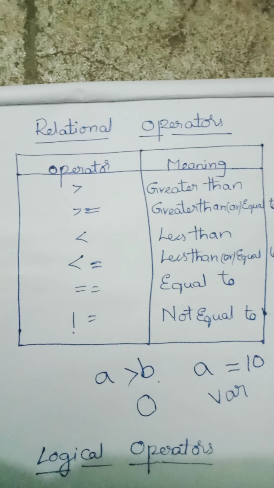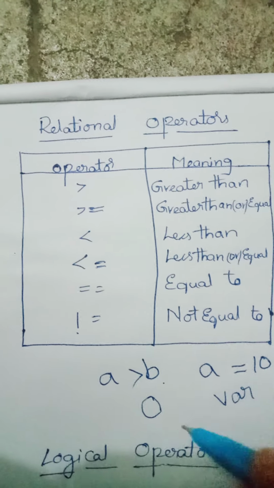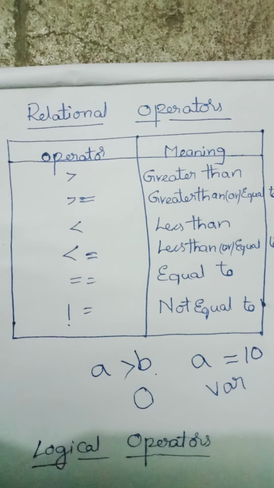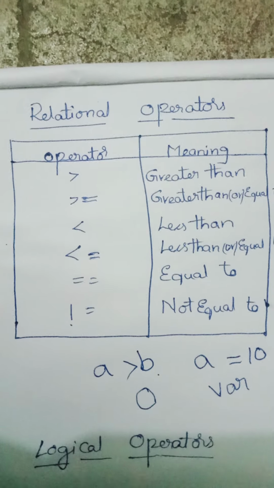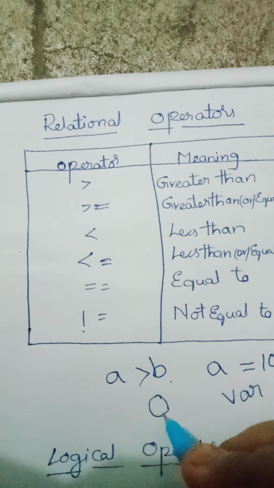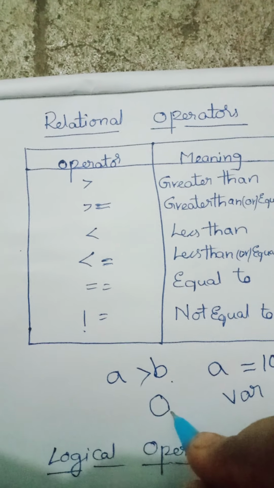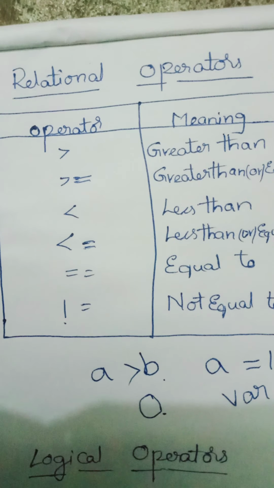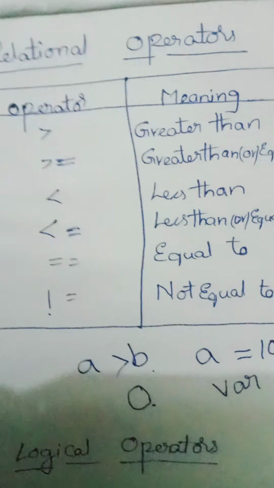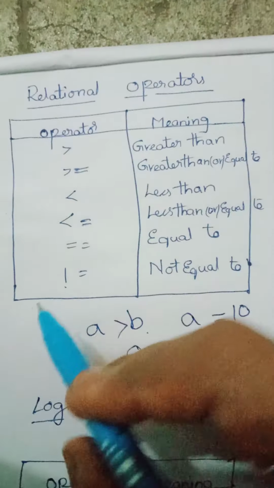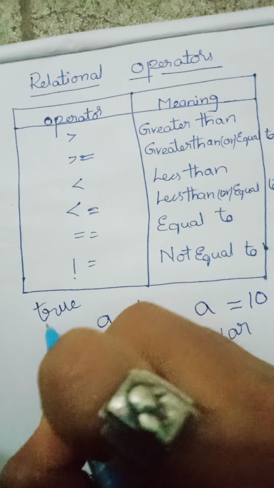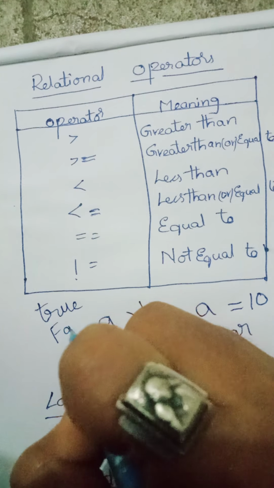The value of a relational expression is either a zero or a one. In C++, true is any value other than 0 and false is 0. Understood?